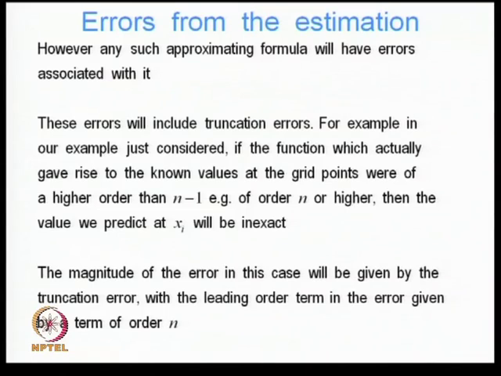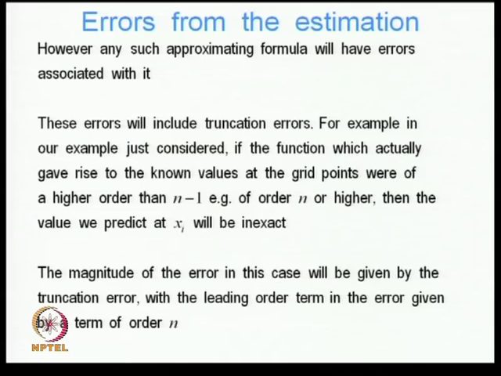Is that clear? So, these errors will include truncation errors. For example, if the function which actually gave rise to the known values at the grid points were of order n or higher, then the value we predict at xi will be inexact, because our value will only be as good as order n minus 1.